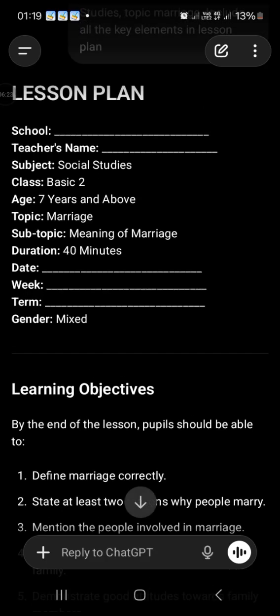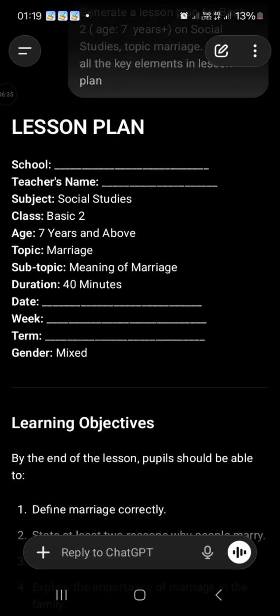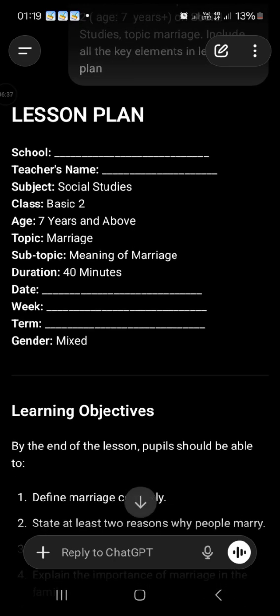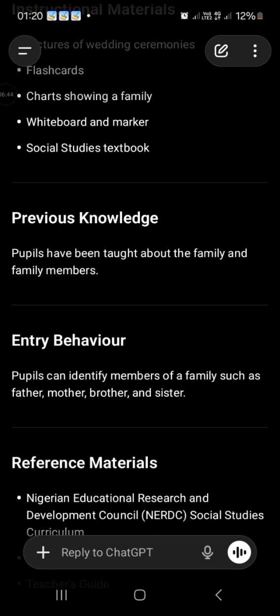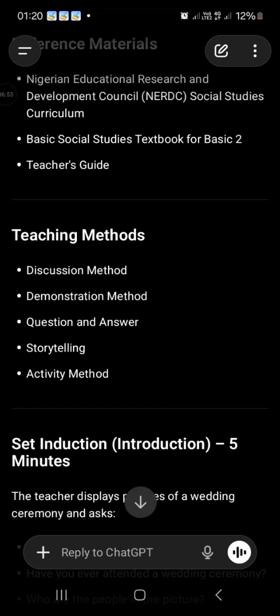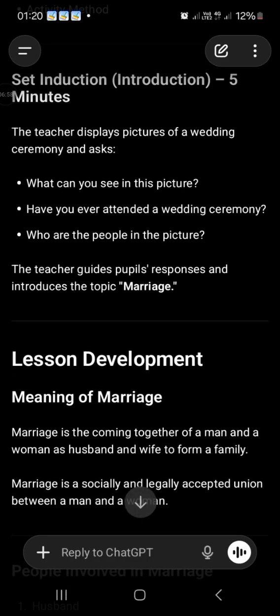The reason why I included the age and the class is because this topic, marriage, can also be in any class scheme. So you, as a teacher, you have to tell AI what you want. If not, AI will just give you any random thing. So whenever you're making your prompt, always try to include the age. The age is very important so that AI will know the level of children you are working with.